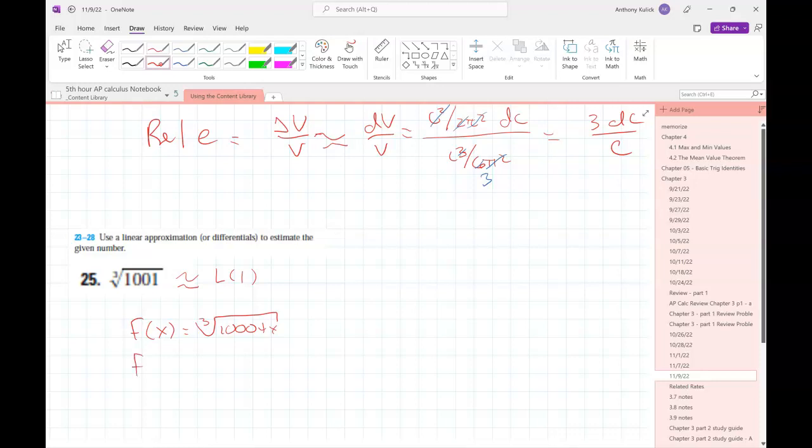So what am I going to do? I'm concerned about f of 0. I'm going to use that as my input. So the point I'm going to be using to make my linearization is the point 0, 10. And then I need the derivative to get the slope.